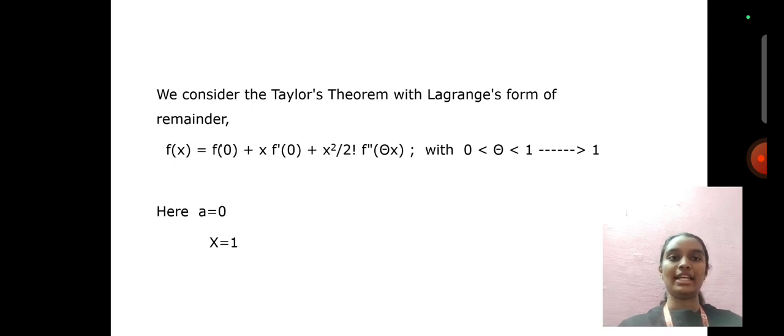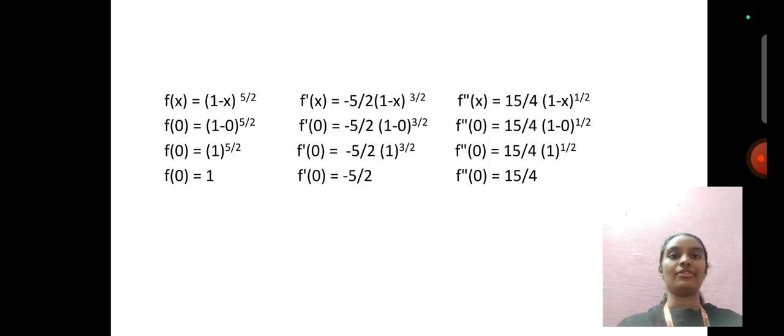Here a = 0 and x = 1, where f(x) = (1 - x)^(5/2). f(0) = (1 - 0)^(5/2) = 1^(5/2), so f(0) = 1.